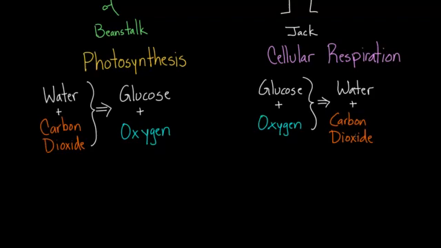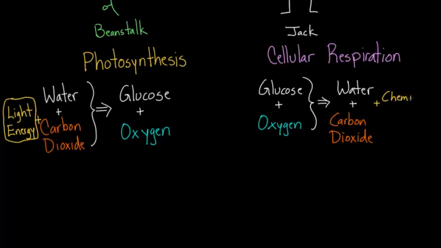Now remember, none of this would even happen if there was no sunlight, so we actually need light energy. In fact, that's the whole purpose of this, right? Getting energy. So you have to have some light energy. I'm going to put a big plus sign, and I might even circle it because it's so important. I don't want you to lose track of it. And on the other side, of course, Jack is getting something as well. He's getting chemical energy.